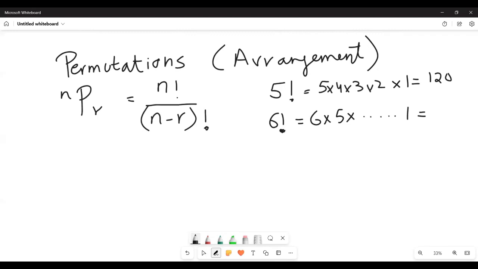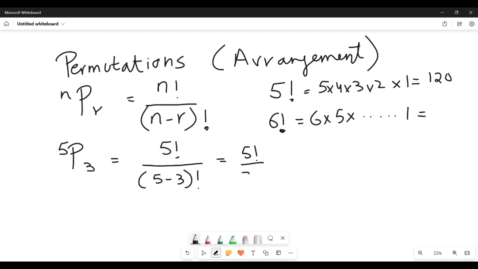Okay. So using this, let's find 5P3. That's going to be 5 factorial upon 5 minus 3 factorial, so 5 factorial upon 2 factorial.